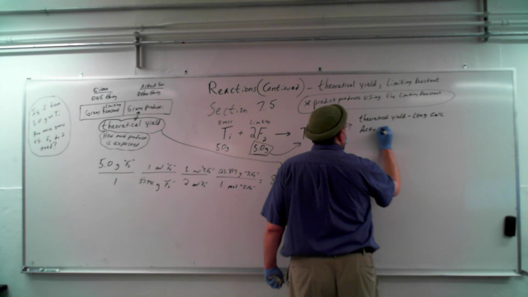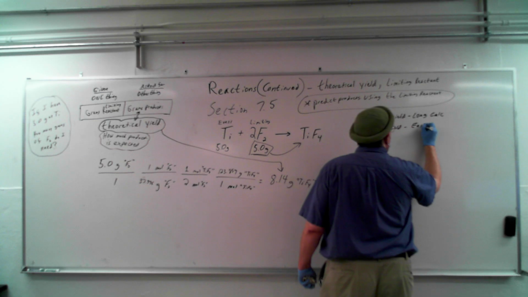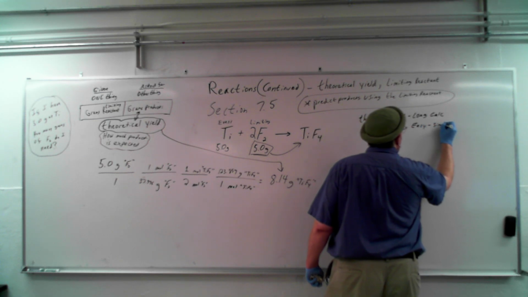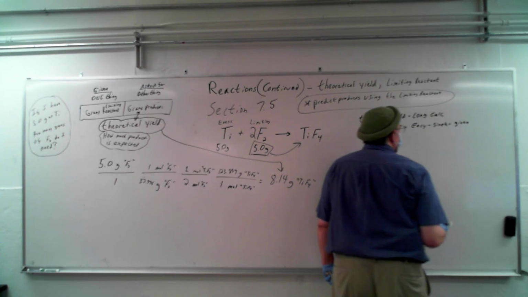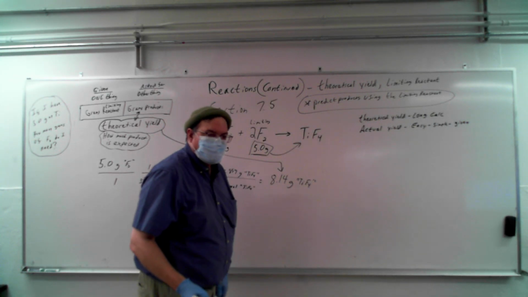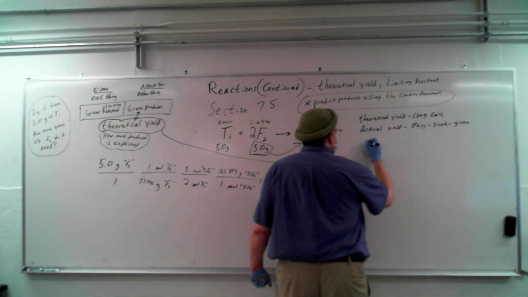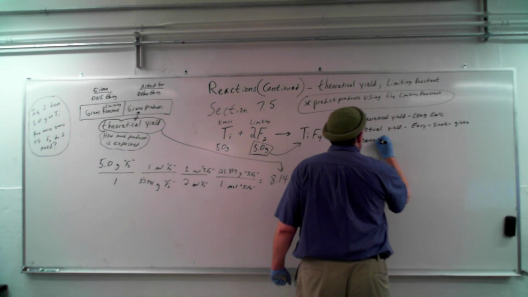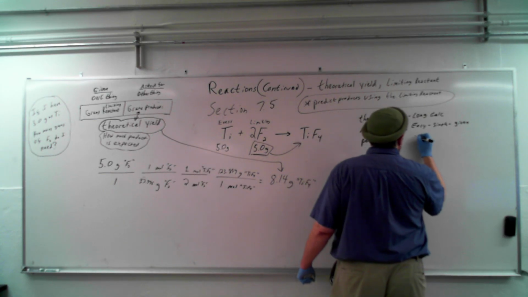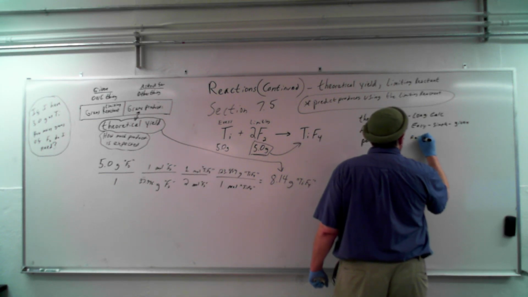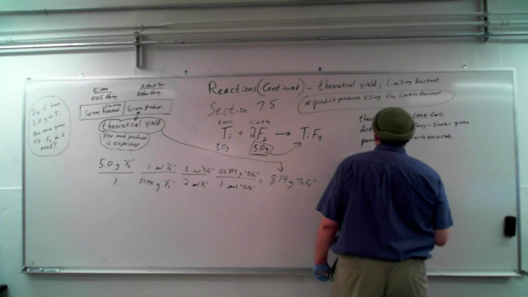There's something called actual yield. That's usually very, very easy. It's simple, it's given. And then there's a percent yield. I'll just say fairly easy calculation.